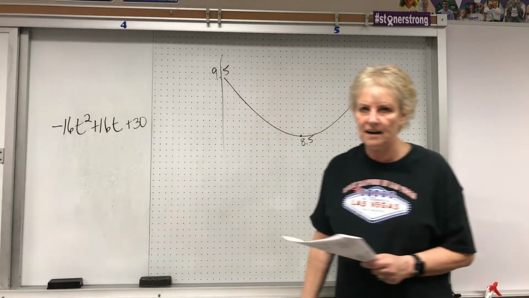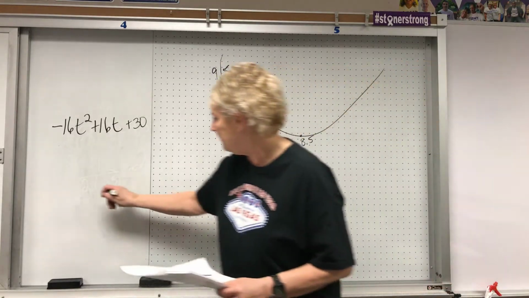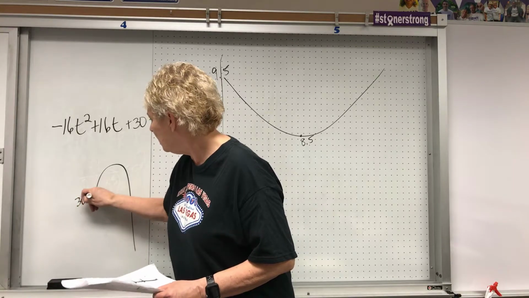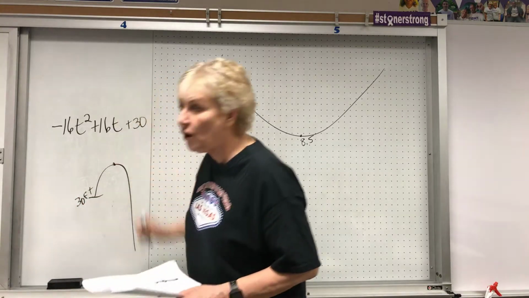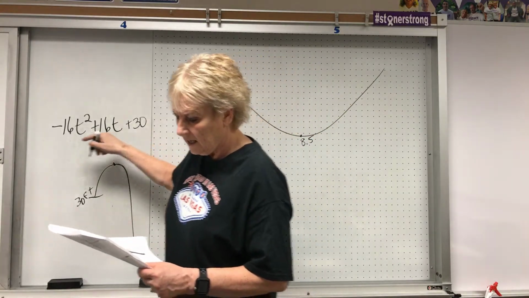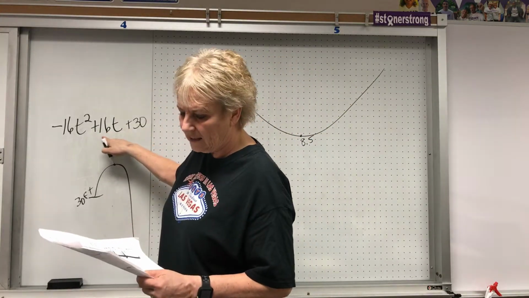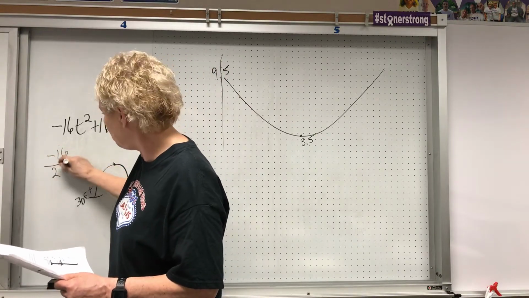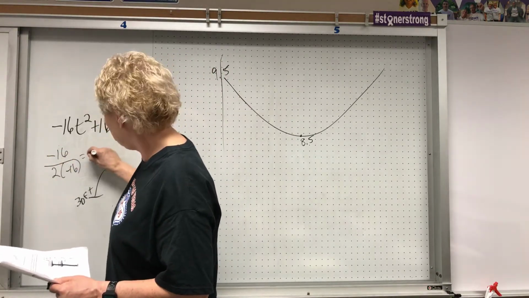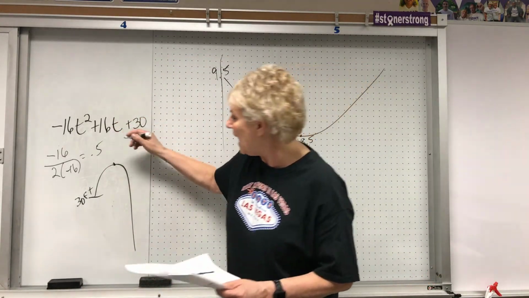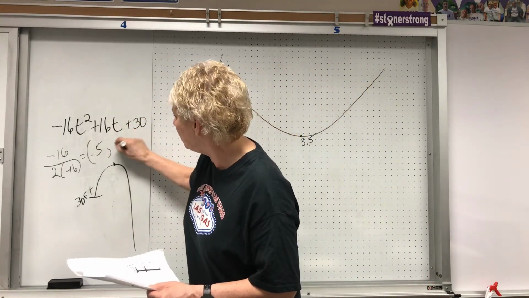That's the y-intercept. 30 feet right there. If you plug in 0.5, the opposite of b over 2a, you get 34.